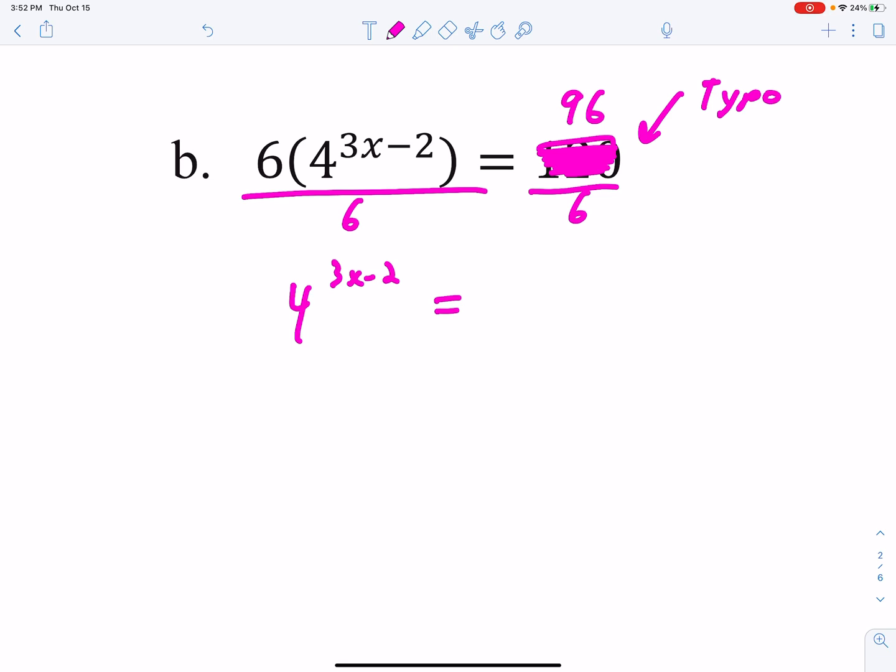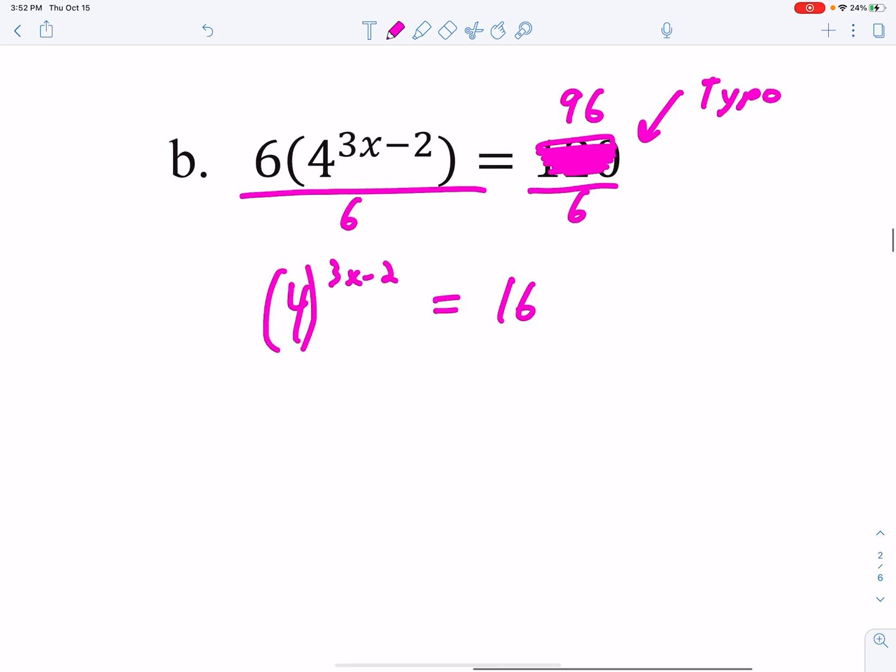All right, so 96 divided by 6 gives us 16. Now we're going to get these bases to be the same. Once the bases are the same, we can set the exponents equal. We notice we have a base of 4 here, and we have a 16 here.